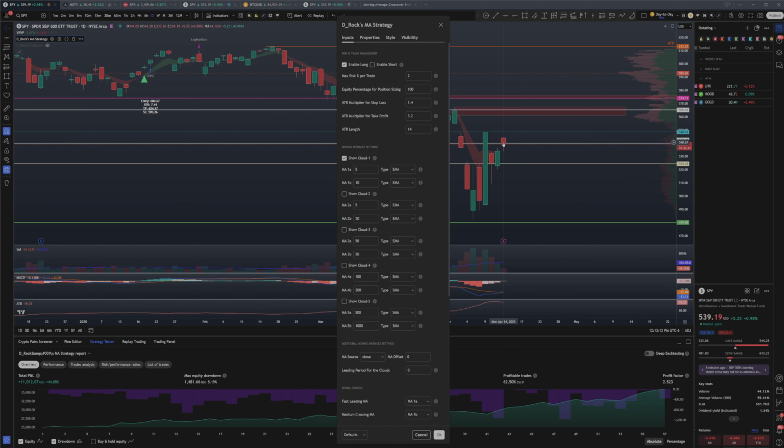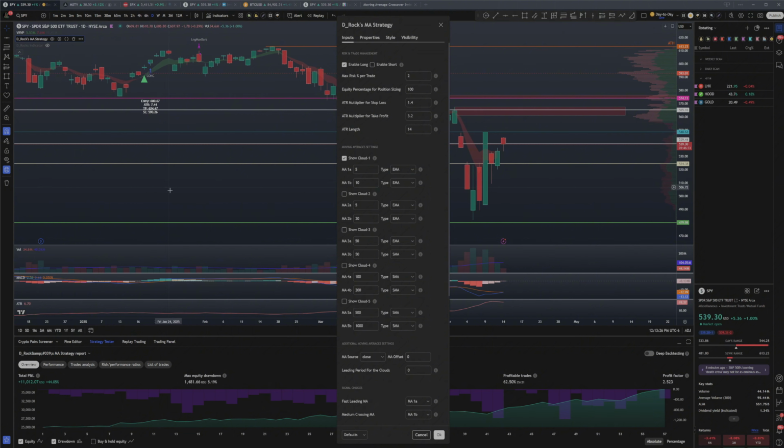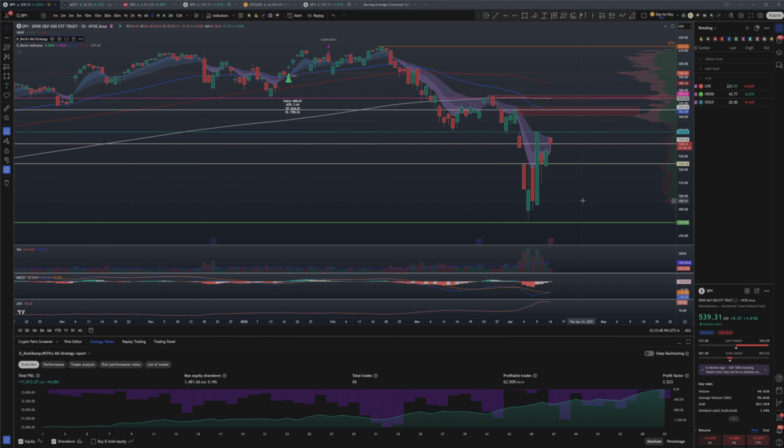So the cloud will not be over this candle until about, I think it's 8 p.m. Eastern time. So I don't use the strategy for visuals. I use the strategy just to show me the data, and then I use the indicator for the actual live visuals, so that I can see it unfold as the day is happening.